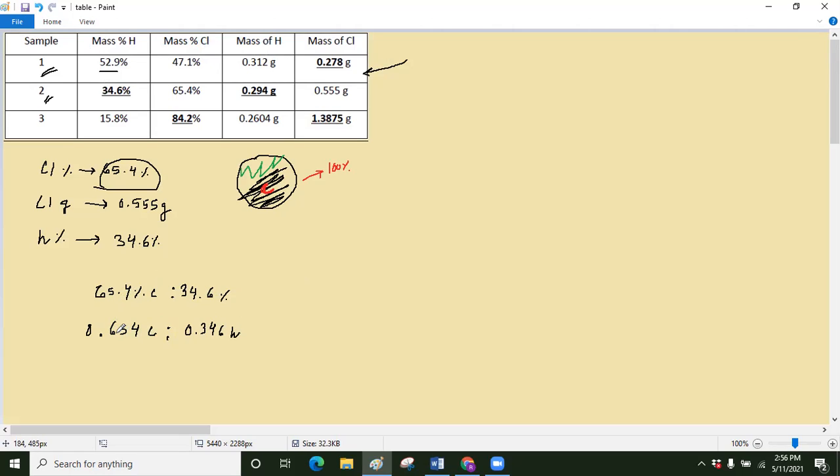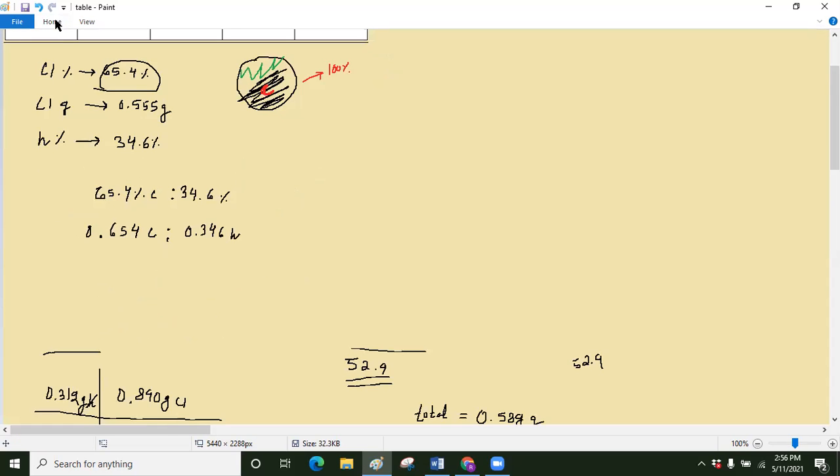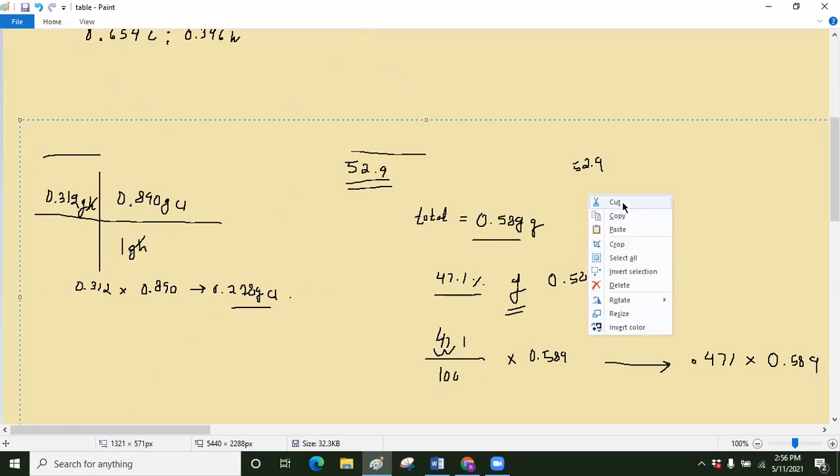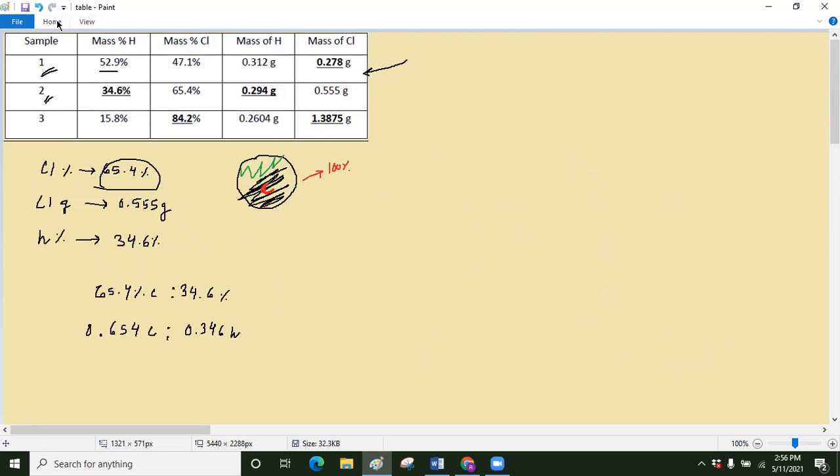But remember, we always want it in terms of 1. And in doing so, we can divide both sides by 0.654 and eventually come to having 1, and this of course is chlorine.